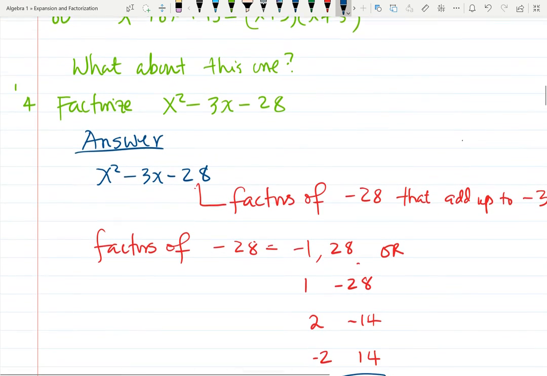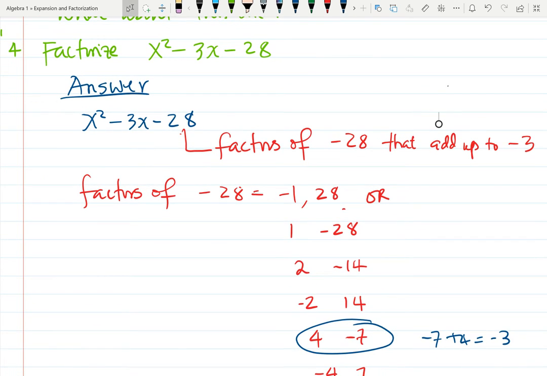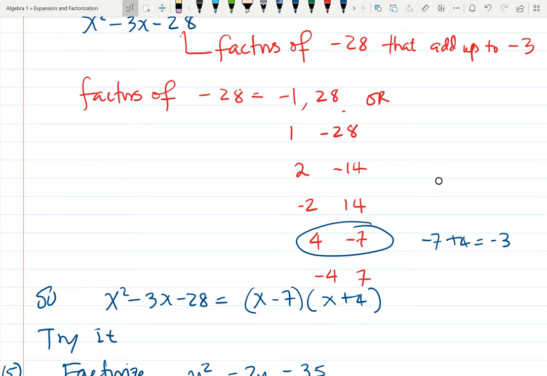We're done. What about this one? x squared minus 3x minus 28. We look for the factors of negative 28 that add up to negative 3. So here we go, let's list some factors of negative 28. Two numbers that multiply to get negative 28, and when you add, it gives you negative 3, are 4 and negative 7.